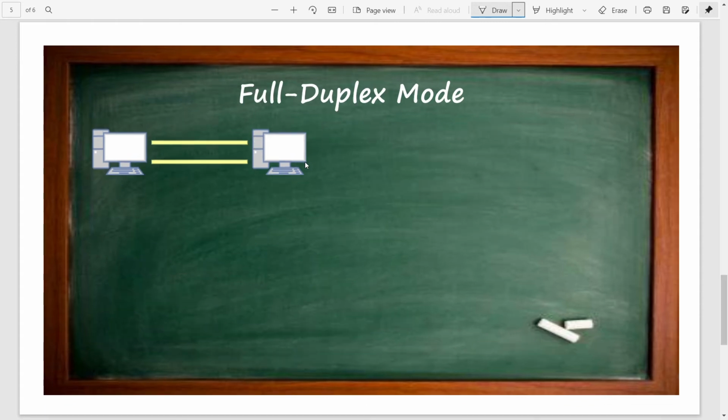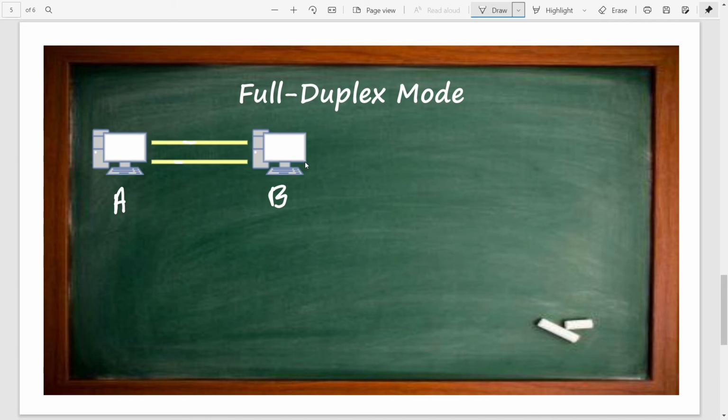If we consider full-duplex mode, there are two links connecting these two parties. If we call them A and B, in full-duplex communication there are two dedicated links connecting A and B. Each is a simplex link, so two simplex links.